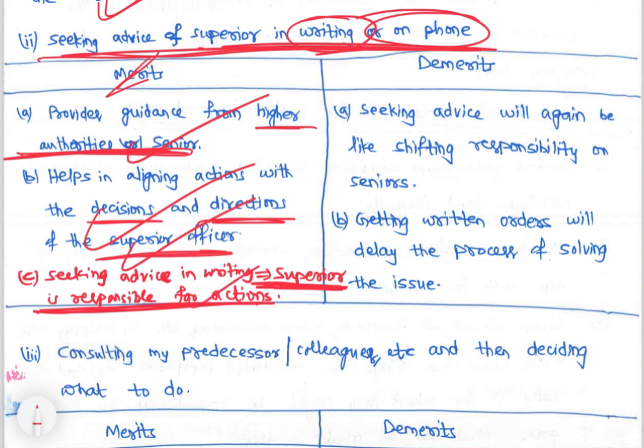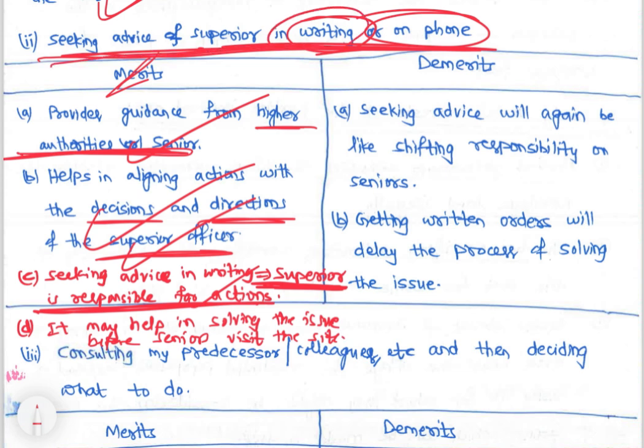Superior is responsible for actions. Then option D is it may help in solving the issue before seniors visit the site, right? Before seniors visit the site, right?